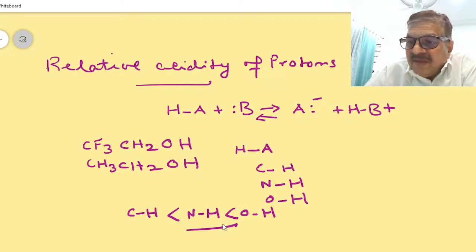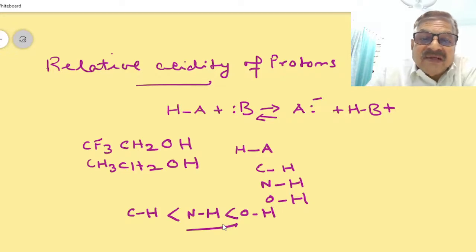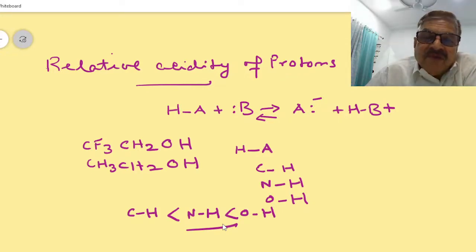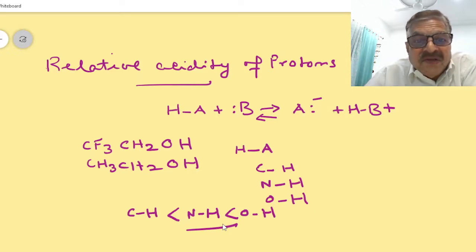Now, if two hydrogen atoms are bonded to the same element, how would you compare them? Then you have to see the conjugate base. Draw the conjugate bases, then look for other points of difference. The main thing to see is whether there are any electron withdrawing groups, which will stabilize the conjugate base, because the most important point here is the stability of the conjugate base.